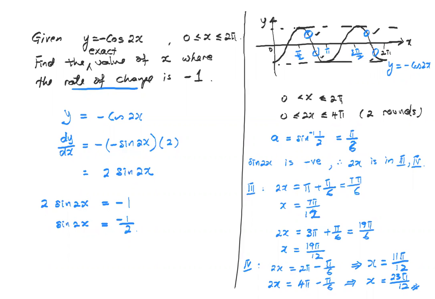For this particular question, if you don't show me all this, it's fine. You can just straight away say that, therefore, x equals 7 pi by 12. Then the second bigger one, 11 pi by 12. Then 19 pi by 12. Then the last one, 23 pi by 12. Are you clear?